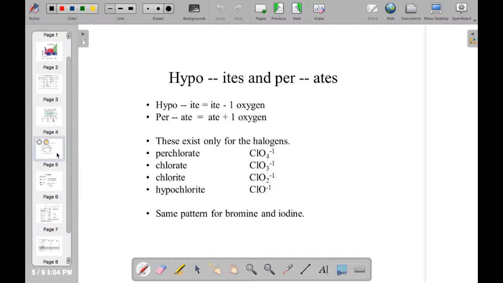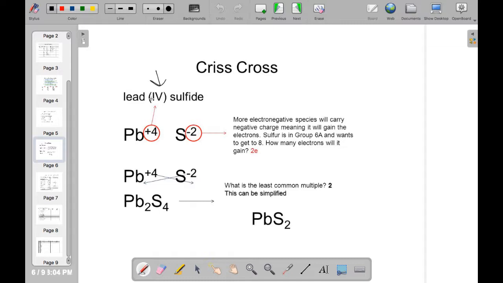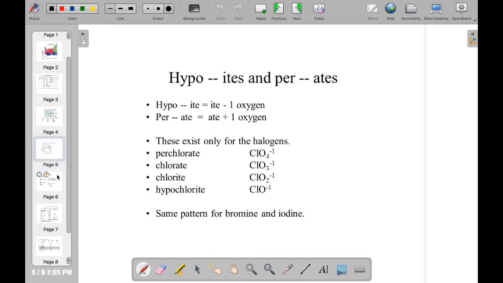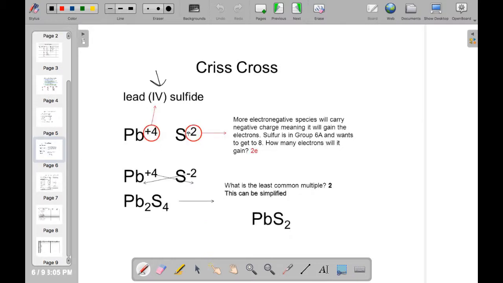Let's get to the right chart. So that just tells me it's a plus 4. Sulfide, well, if I look at the chart, sulfur sulfide minus 2. So that's a minus 2.